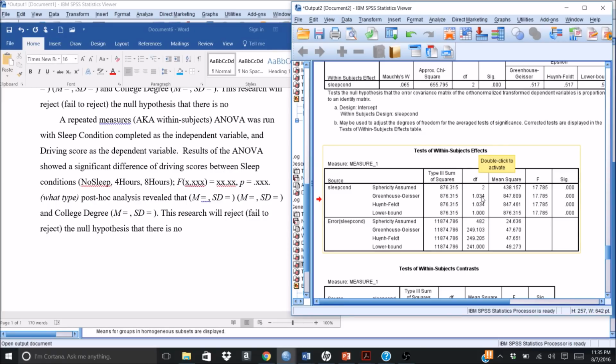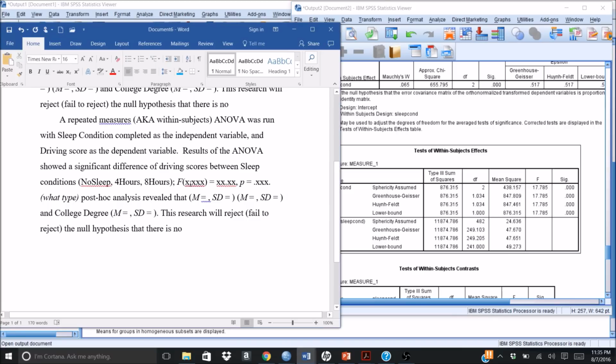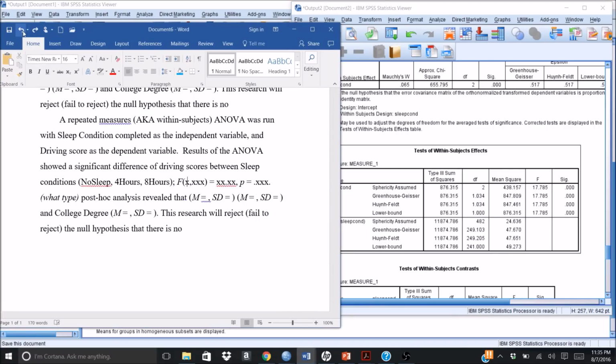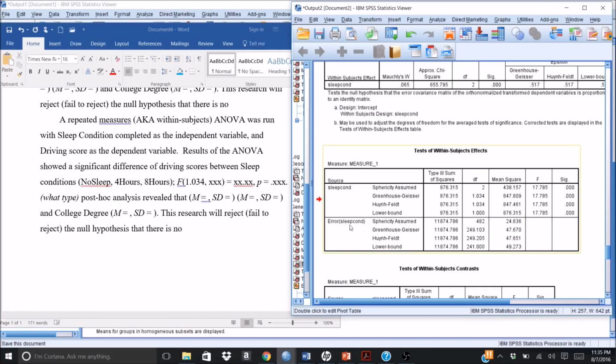So my first degree of freedom is 1.034. And my second degree of freedom, I'm going to get from the second half where it says error, from my sleep condition. And it's going to be 249.103.